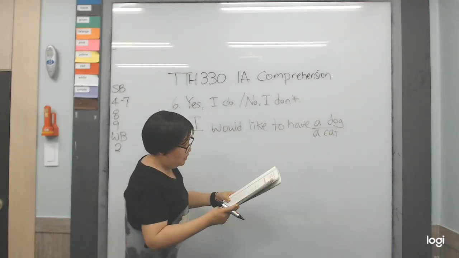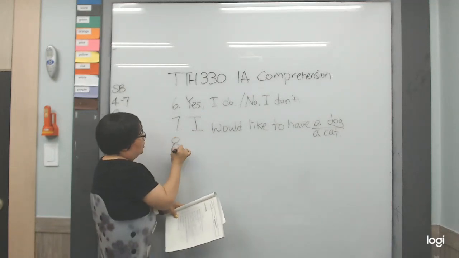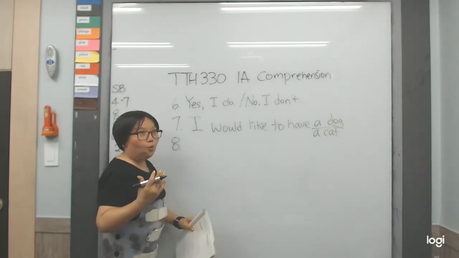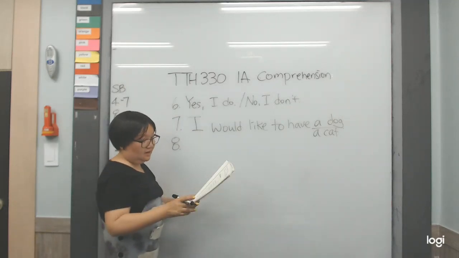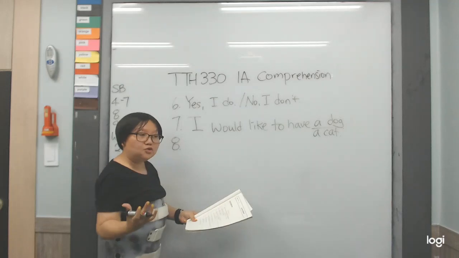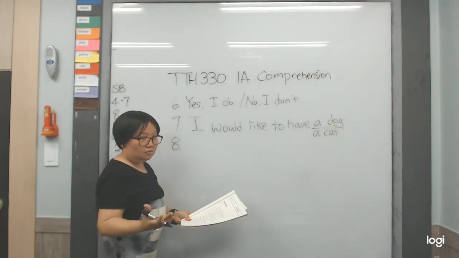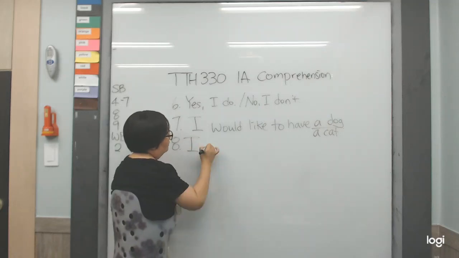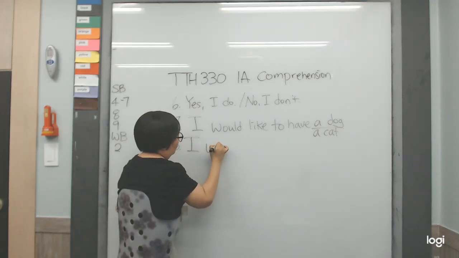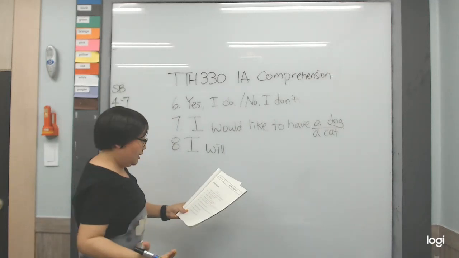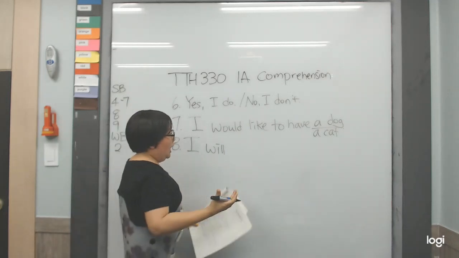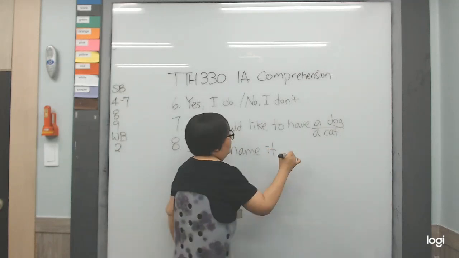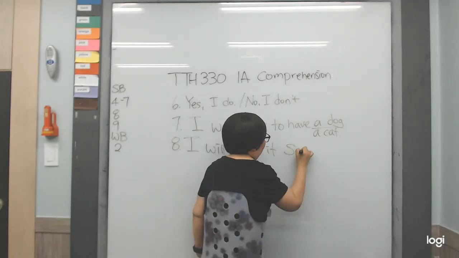Now, if you are going to have a dog, if you are going to have a cat, what will you name it? What are you going to call it? So, for example, teacher, I will have a dog and I will name it, I will name my next dog Sirius.